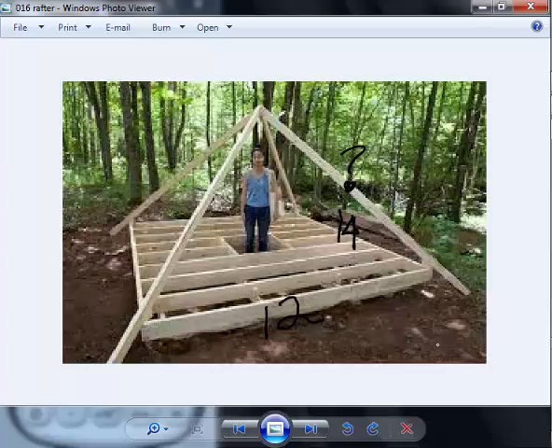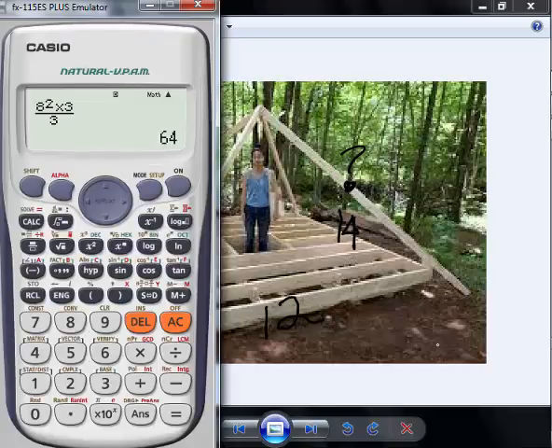So from the middle, this is 7 feet, and the height here is 6 feet, so we're going to take the square root of 6 squared plus 7 squared plus 6 squared, because you're only going to use half of these lengths to get the total.